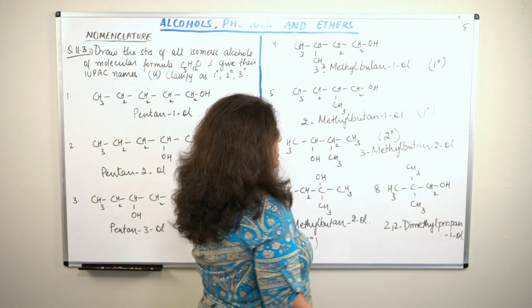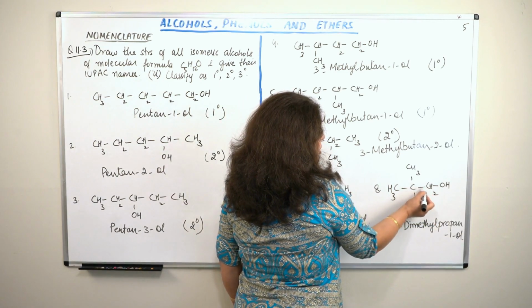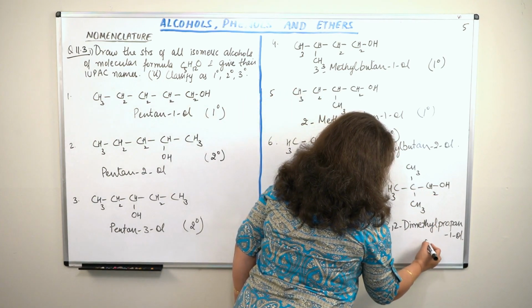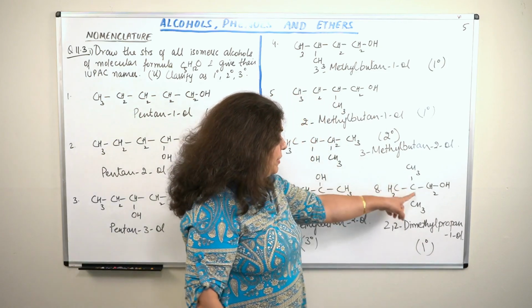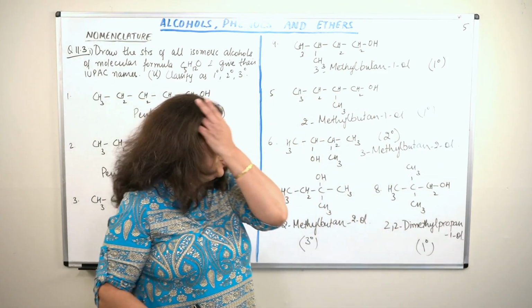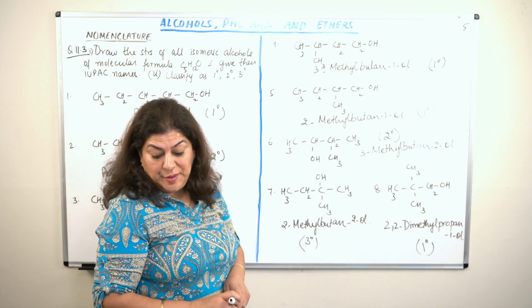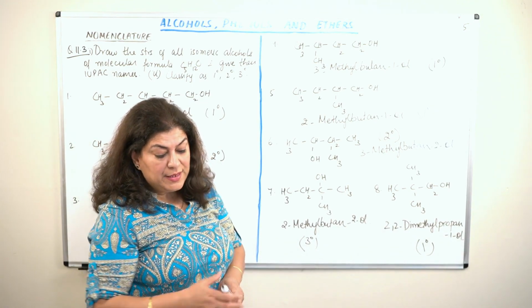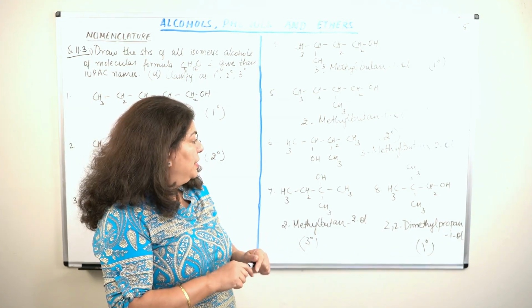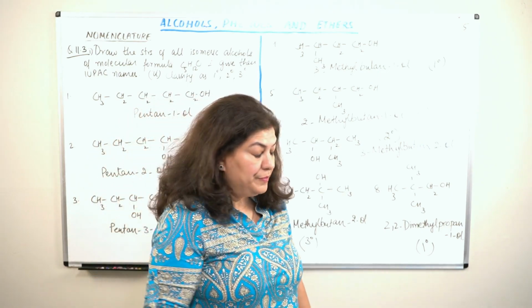Okay, and OH is attached to a carbon which is attached to only one carbon, therefore this is a primary alcohol. Although it appears to be a tertiary compound, the alcohol is primary. Right? So these were the different compounds.